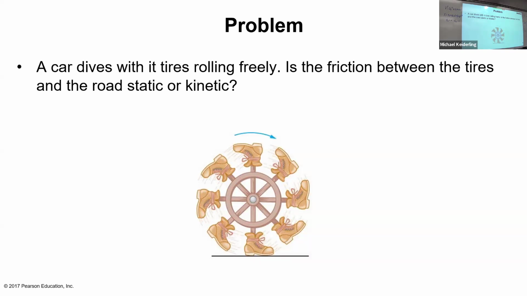Are they actually moving relative to each other? So, who thinks it's static friction between the road and the tires? Who thinks it's kinetic? While the car is moving, when you have something rolling, let me see if I can find something round.